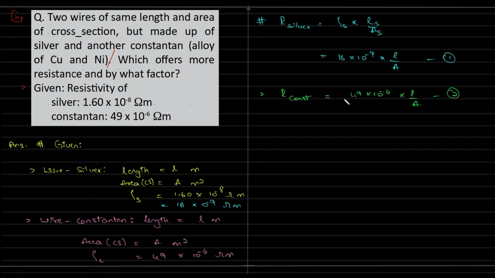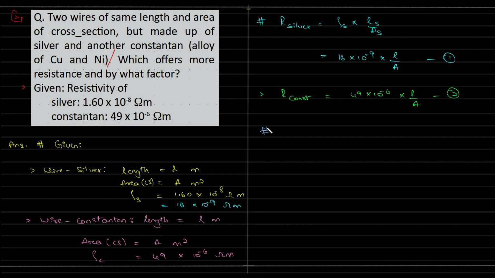Think. See, this is basically divided by 10 to the power of 9. This is basically divided by 10 to the power of 6. Is it not? So resistance of the constantan is more than that of the silver.